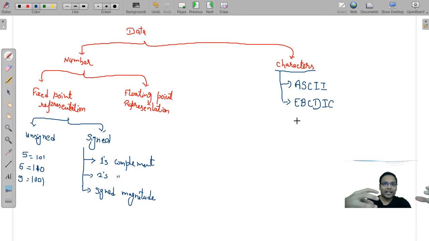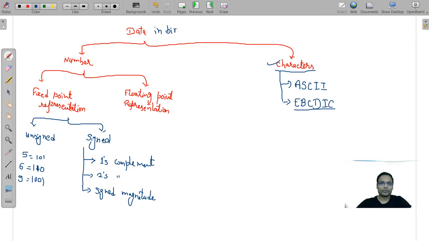So that BCD got extended, and that extension is extended binary coded decimal interchange code, which also supports characters. You can represent characters in the form of binary. So these are the two formats in which characters can be represented in binary.